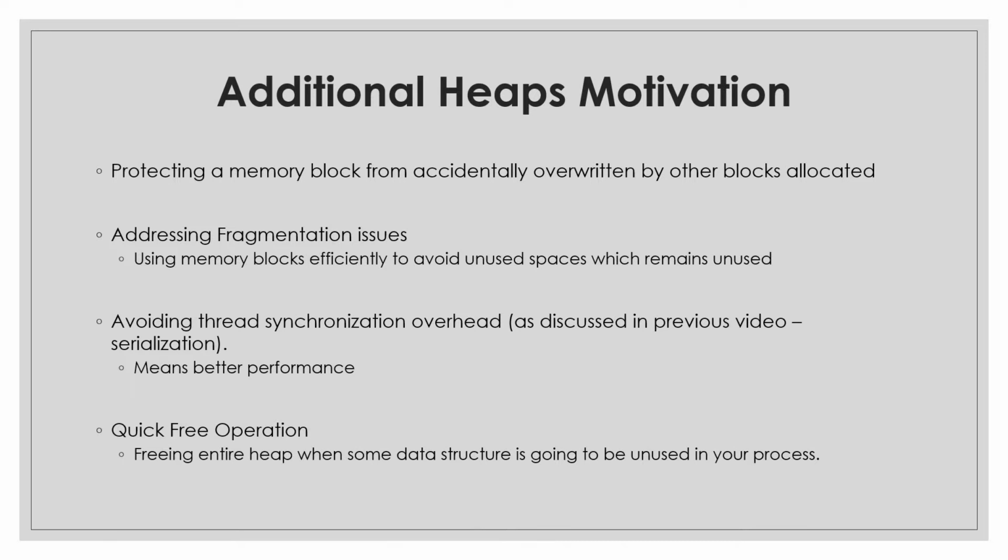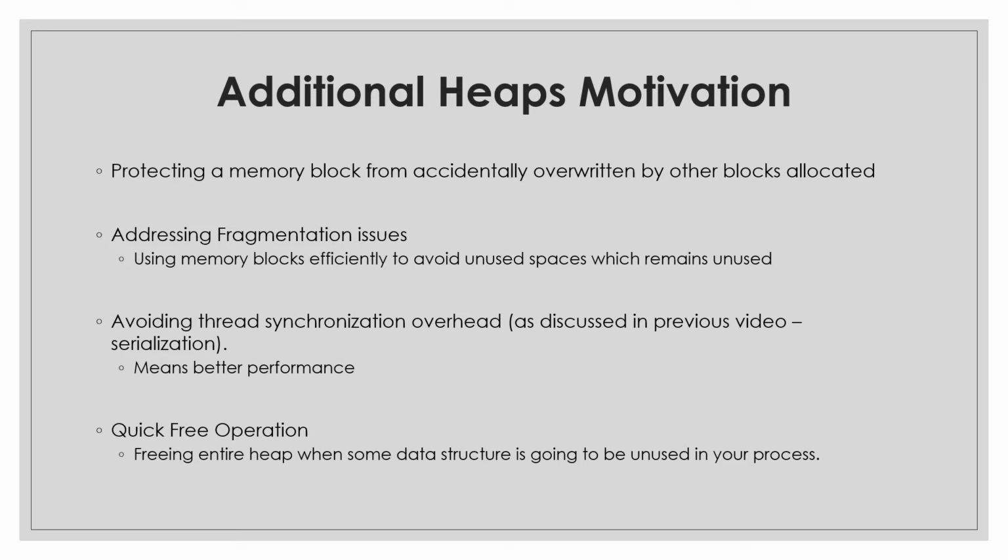The last motivation is the quick free operation. In case you are using a single heap and you are using different data structures to allocate blocks of memory on that single heap, then if you are done with one of the data structures and you don't need it anymore, you need to remove the blocks one by one and you cannot destroy the entire heap.